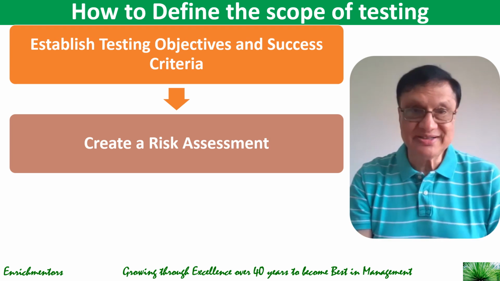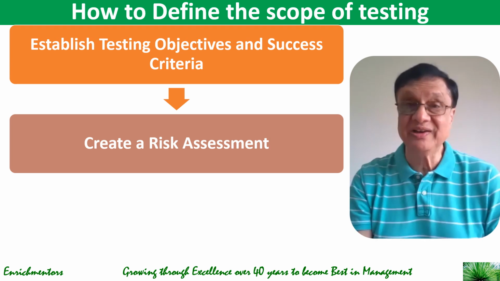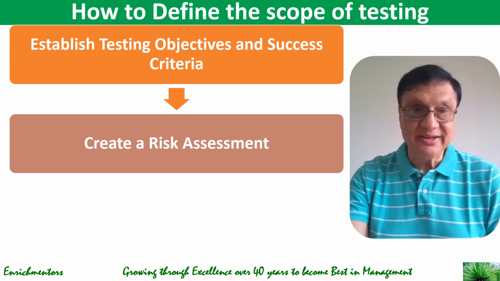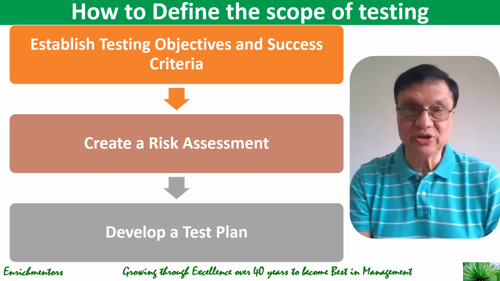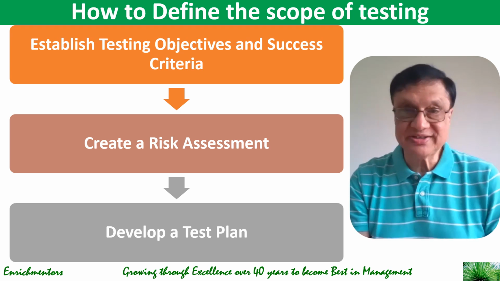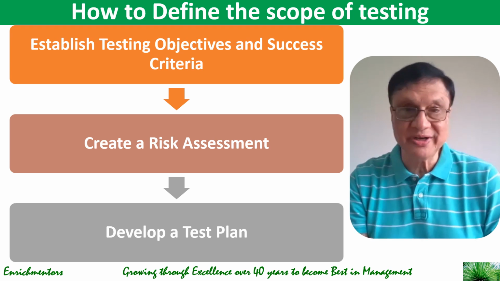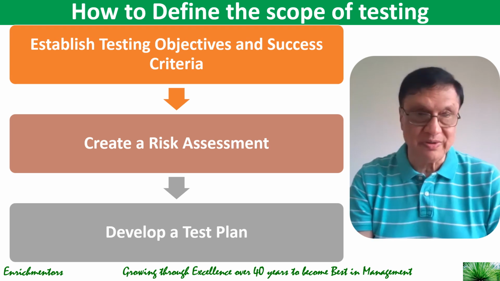You prioritize testing activities based on the risk assessment to focus on high-risk areas first, so that you can clear those. Then you develop a detailed test plan that includes the scope of testing, type of testing, objectives, success criteria, risk assessment, testing schedules, and responsibilities. It's the documentation of your plan.